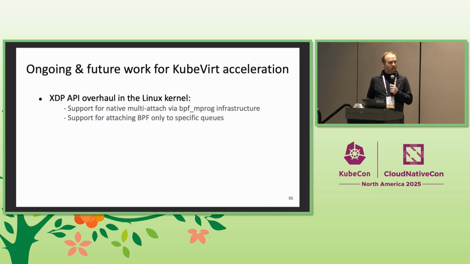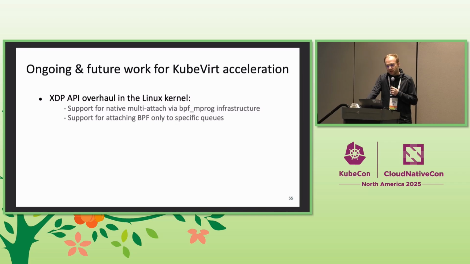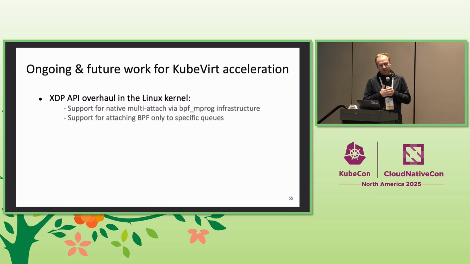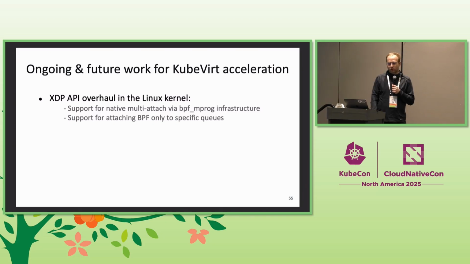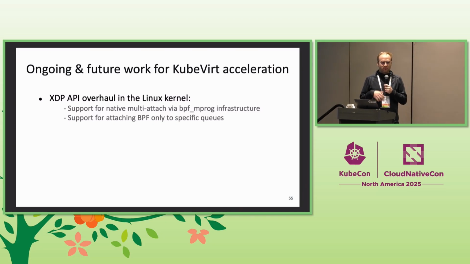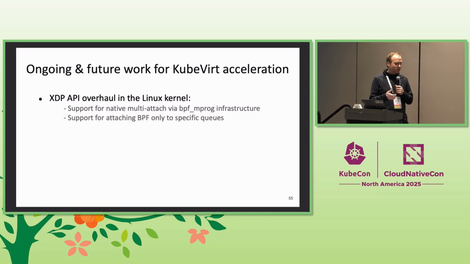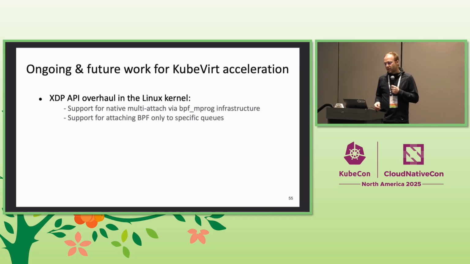One thing that we are working on is an XDP API rework in the kernel. Right now, XDP is one of the infrastructure points in the kernel where you can only attach one program for a given device, and many other attachment hooks allow multiple programs.